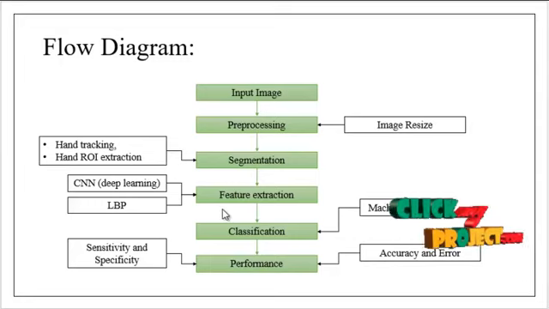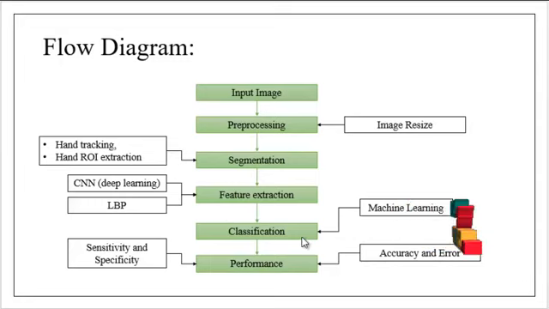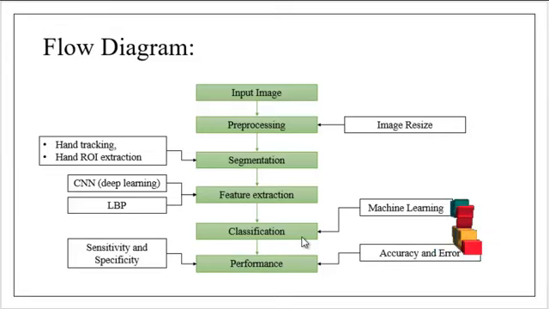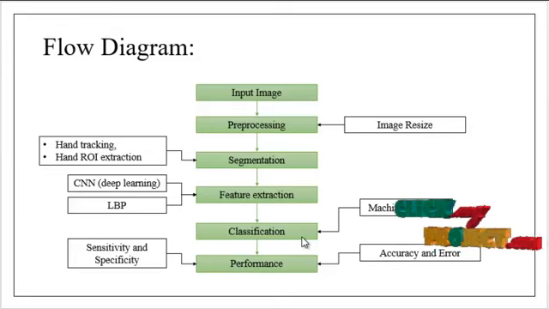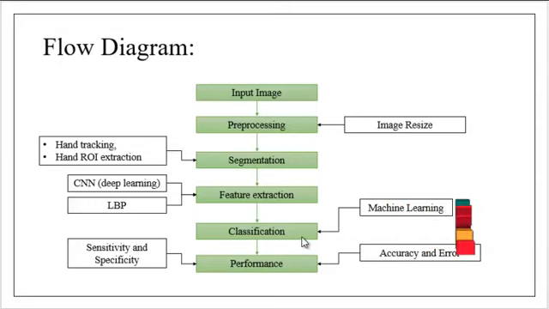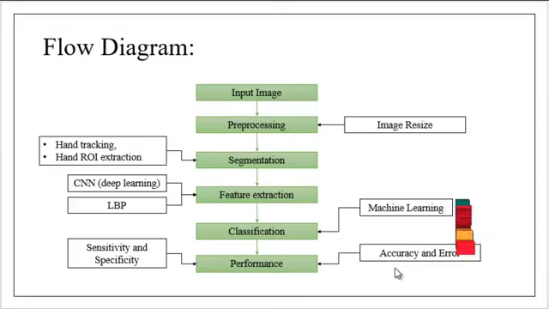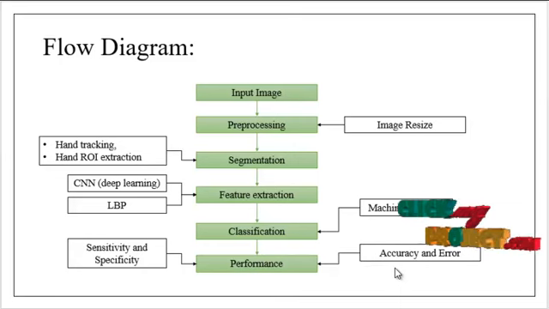After the feature extraction, we do the classification by means of a machine learning algorithm. This algorithm will classify whether the activity is 1 or 2, 3, whatever it is. Then the performance will be evaluated based on accuracy, error rate, sensitivity and specificity. Based on the accuracy, we can predict the performance of the classification.